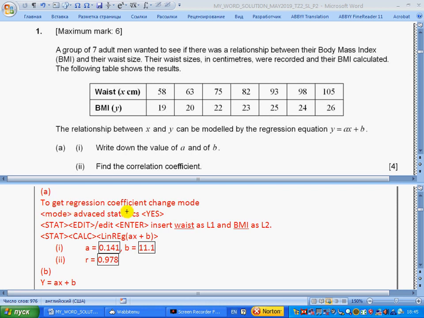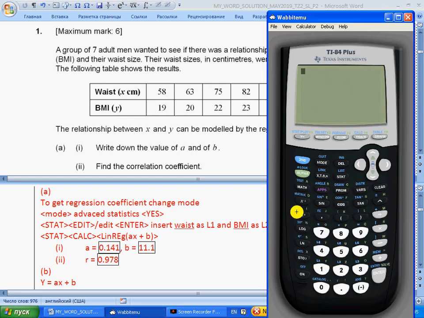To get the regression coefficient, you should change mode to advanced statistics. Let's do it. We go to mode, and here we scroll up and we have statistic diagnostics on.